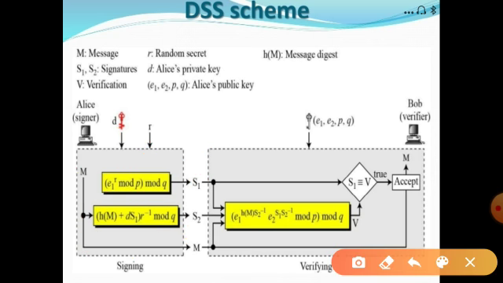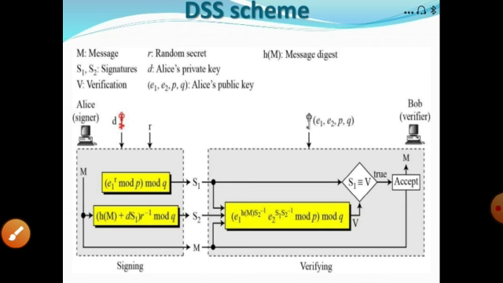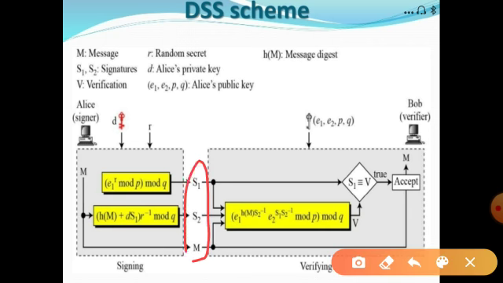So the formula is h. Here we are giving m as input to the hash function, it will generate the digest, and then we compute (d s1 plus digest) times r inverse, mod q. Like that we are generating the s2 value. Now all of this we send from sender to receiver: s1, s2, m. After that, we calculate the v value.